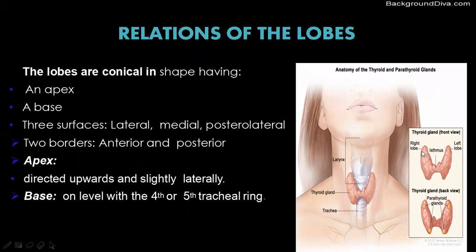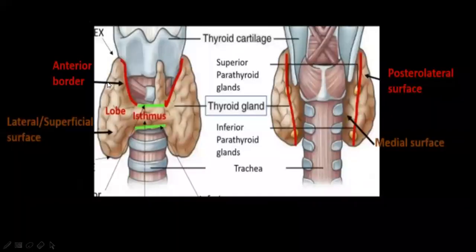The apex is directed upwards, and the base is present at the level of the fourth or fifth tracheal ring. That is called the base.